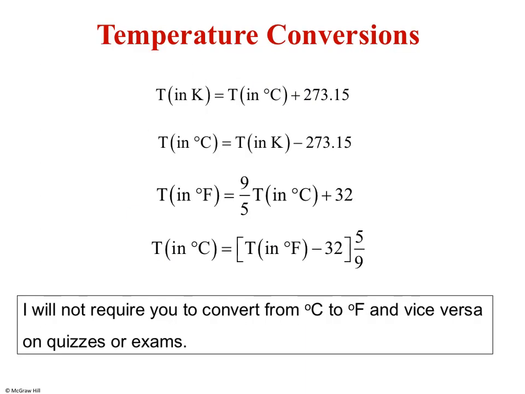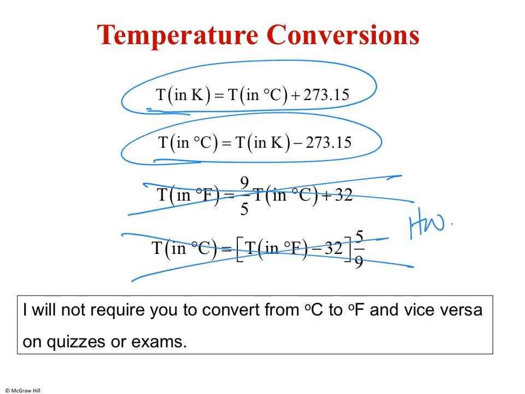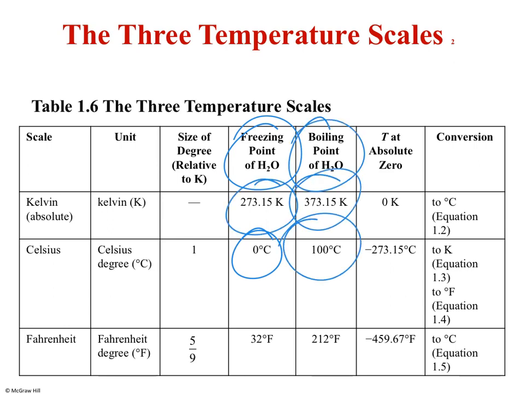Like I said, I really want you to be able to go from Kelvin to degrees Celsius and Celsius to Kelvin. You don't have to do Fahrenheit unless it's on your homework, and then you can look up how to convert that. These are some temperature scales here to kind of give you an idea about the freezing point of water and then boiling point of water. Absolute temperature is 0 K.